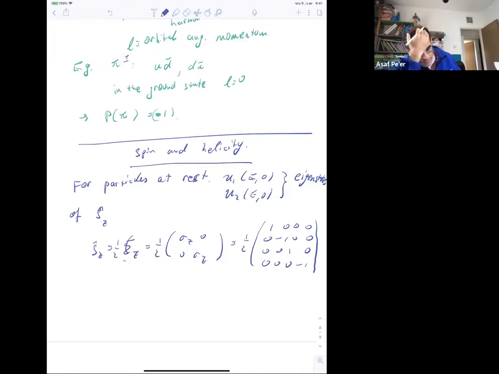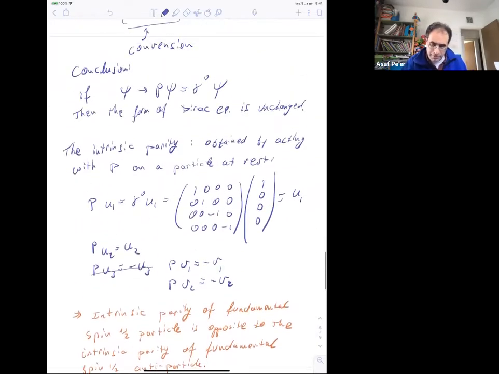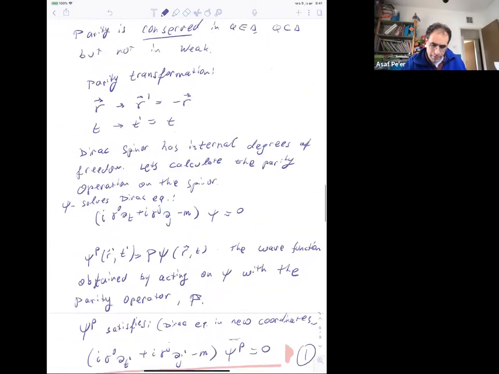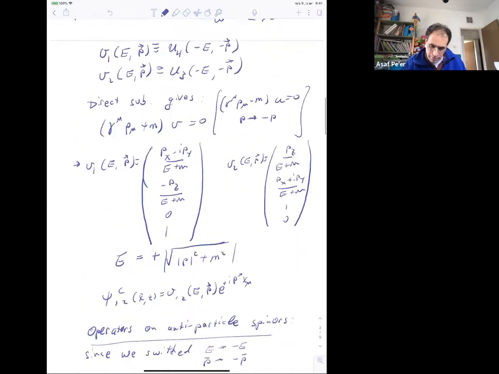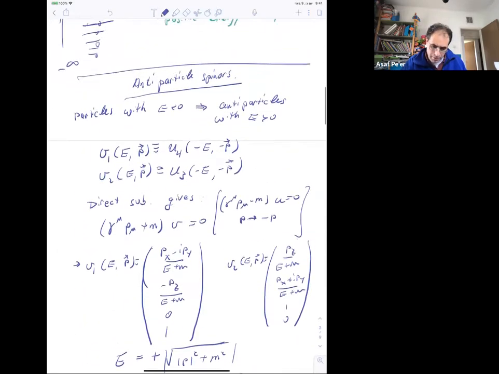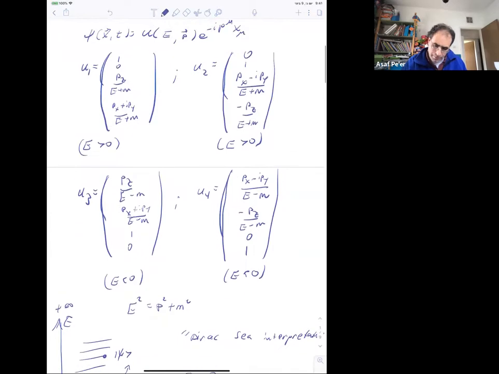But if we go back to the equations which we derived previously for these particles, and if we assume that these particles are traveling only in the z direction, so px and py are equal to 0.